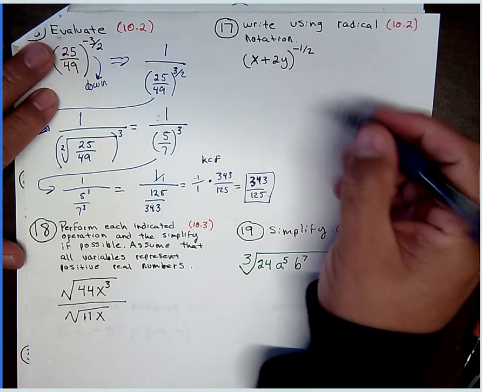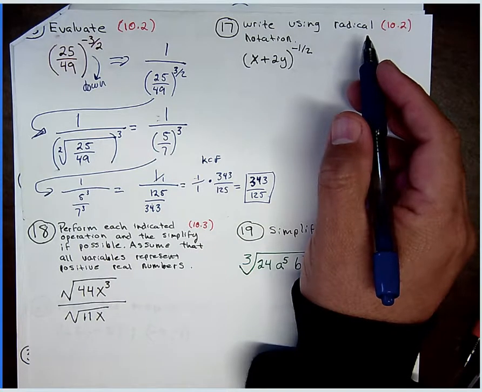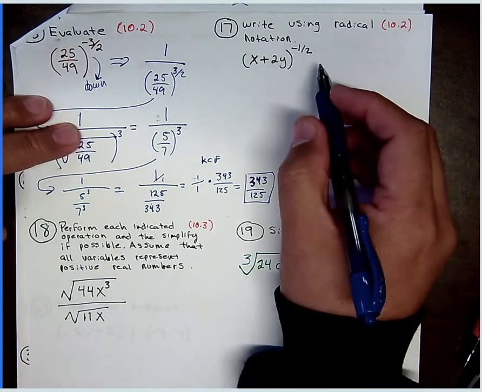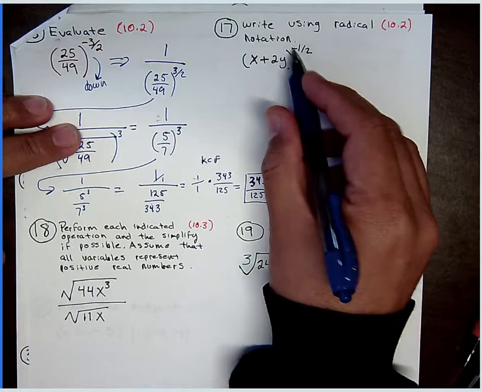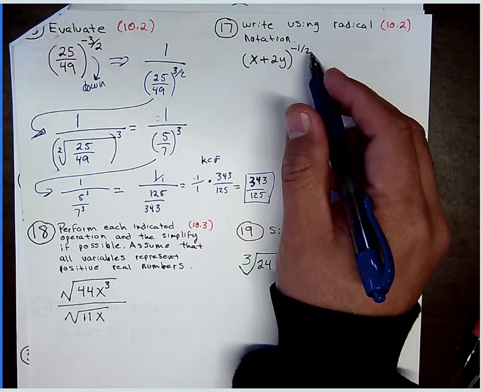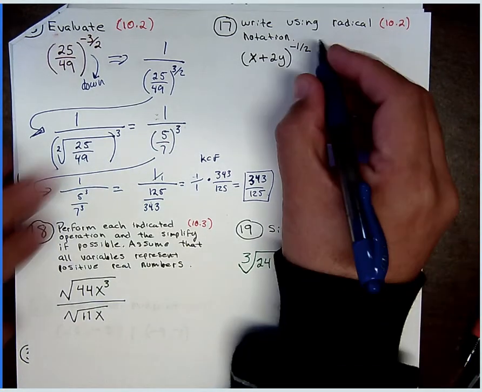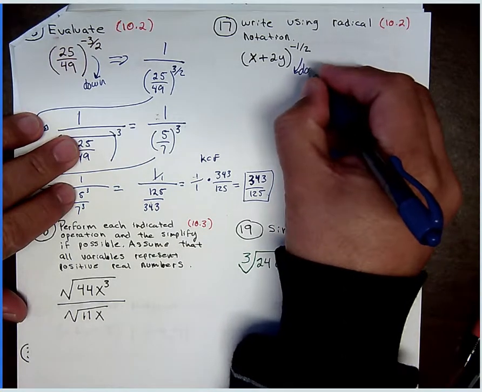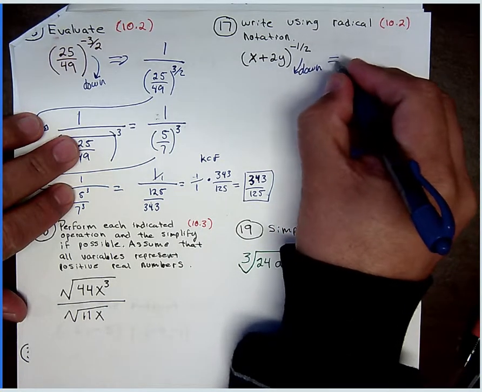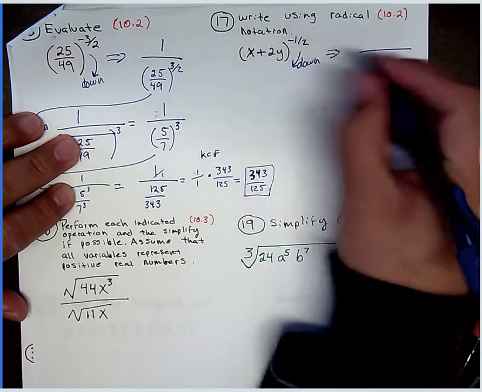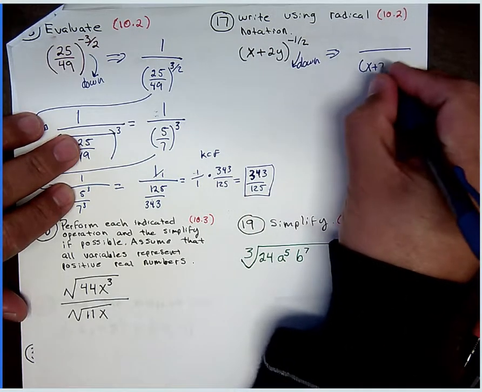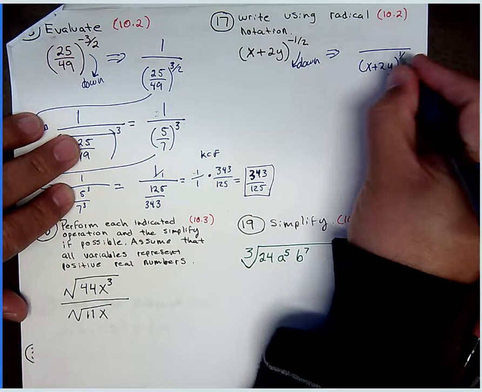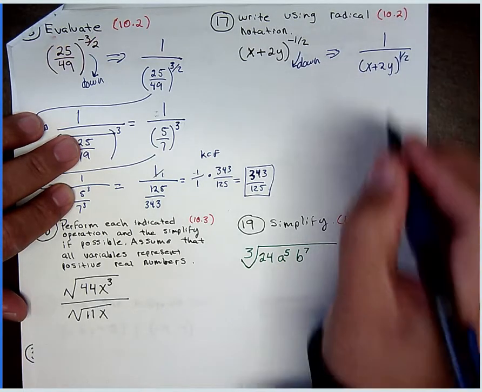Okay, this one, by using radical notation. So again, this one has a negative, so we're gonna have to first bring it down. So we're gonna bring the whole thing down, x plus 2y raised to the 1/2, and then we're gonna put a 1 on top.